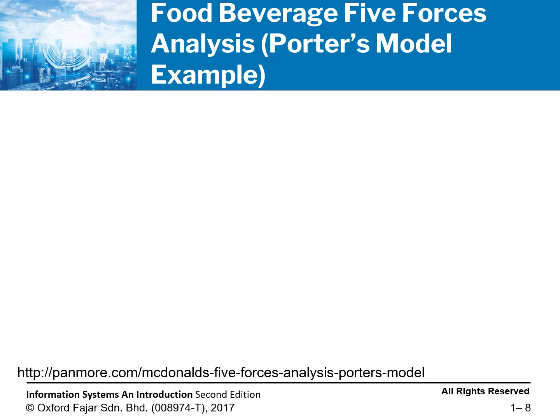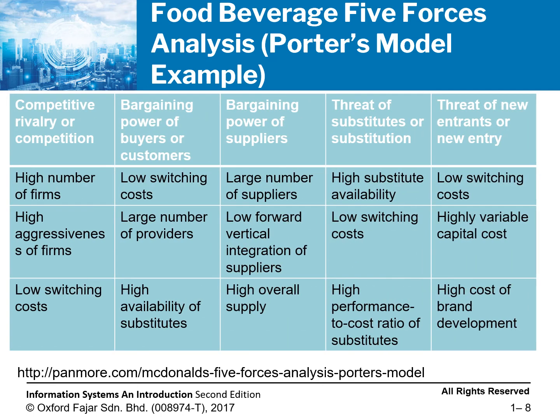This is an example of Porter's model for food and beverage five forces analysis. Here is an example of McDonald's five forces analysis using Porter's model. In competitive rivalry, or competition, the forces are the high number of firms, high aggressiveness of firms, and low switching costs.